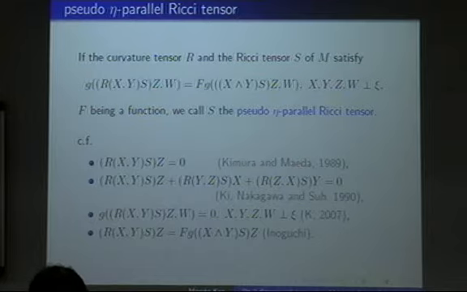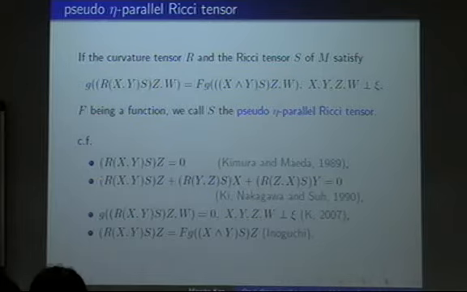In 1989, Professor Kimura and Professor Maeda showed that if the curvature tensor and Ricci tensor satisfy this condition, then there are no hypersurfaces which satisfy this kind of condition.